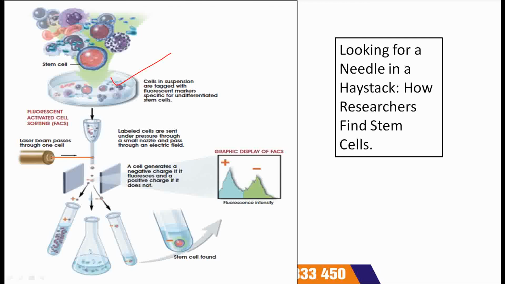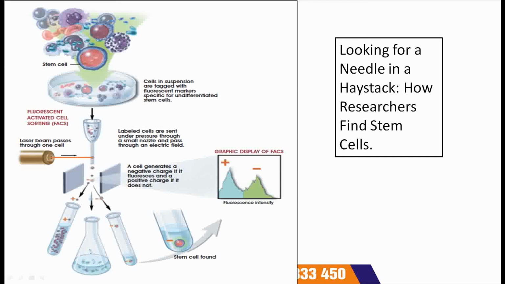So we have tagged this cell with the particular fluorescent marker. Now we are moving to fluorescence activated cell sorting. This is very important, very interesting, and important for many kinds of exams, this fluorescence activated cell sorting technique.